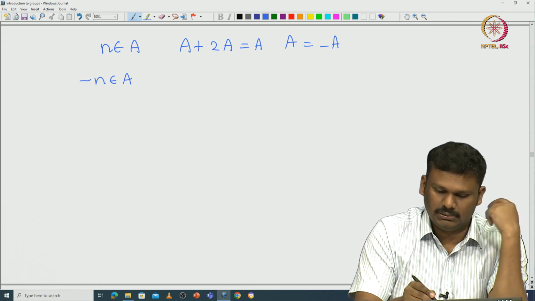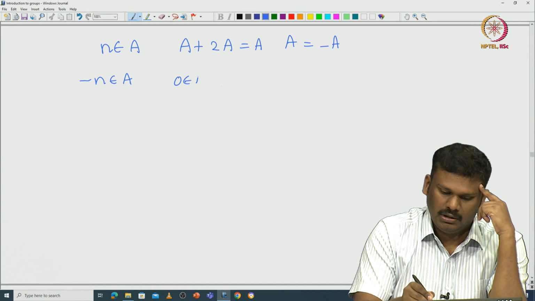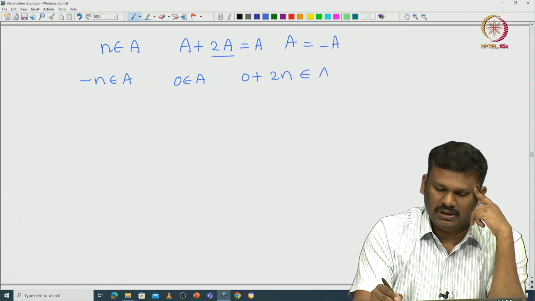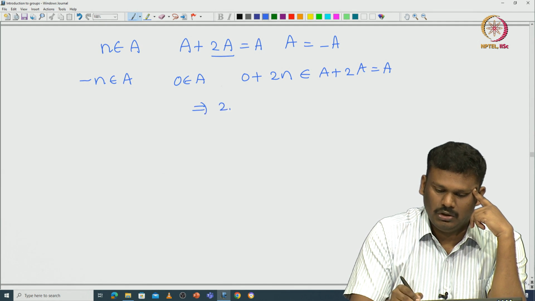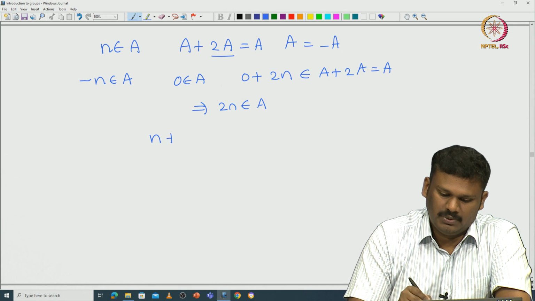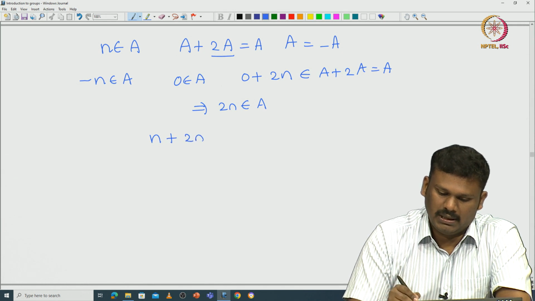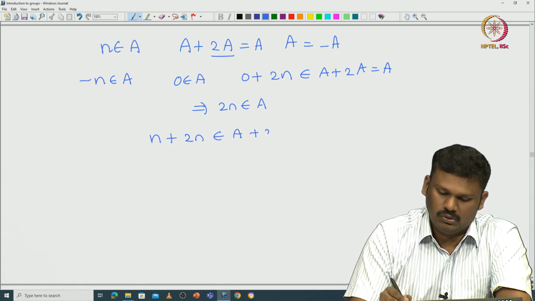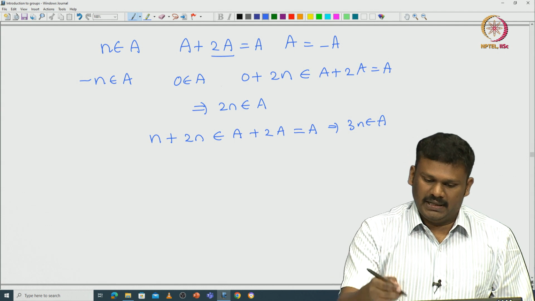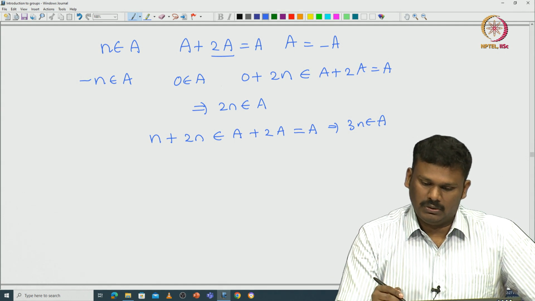So, that is fine. So, now you take 0 here in A. So, then 0 plus 2n is in A plus 2A, which is A. So, that implies 2n is in capital A. So, now if you take n plus 2n, okay, that is inside A plus 2A, which is A. So, that implies 3n is in capital A. So, like this, I will leave it to you to complete the proof.